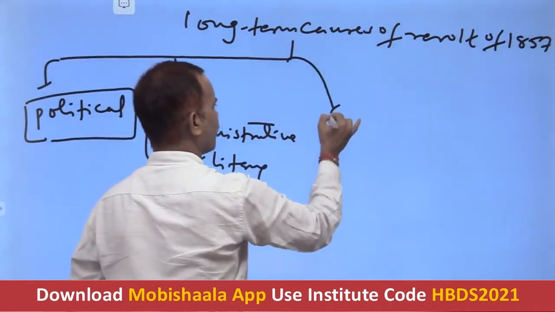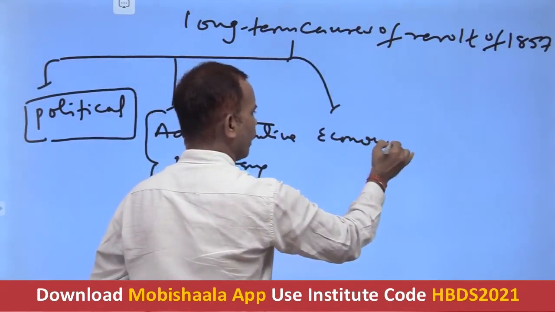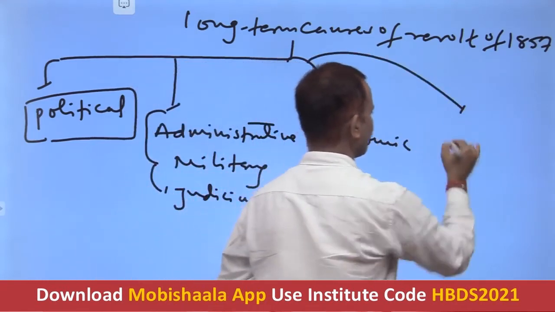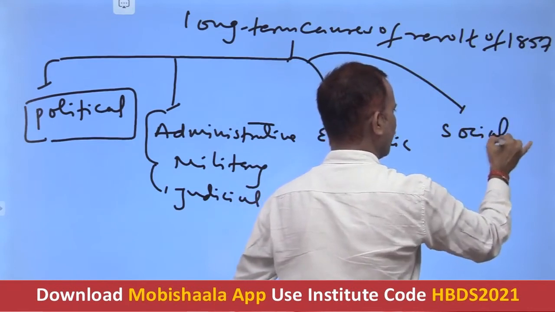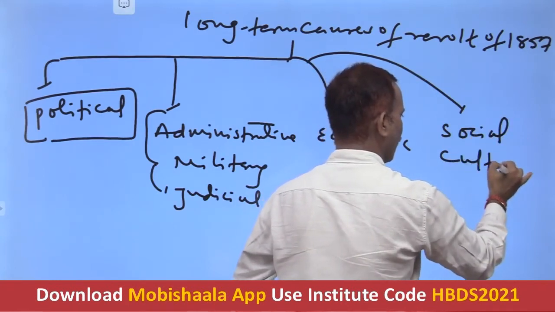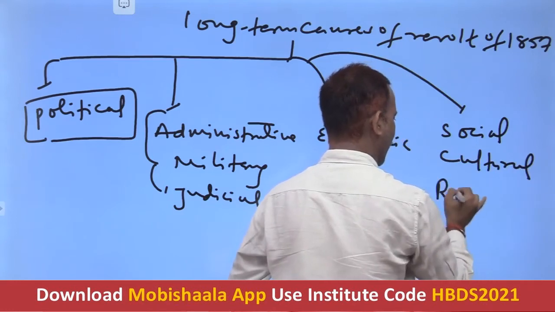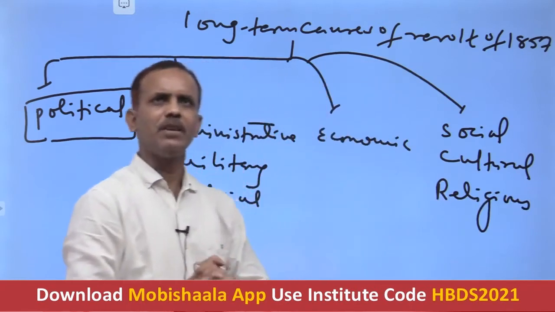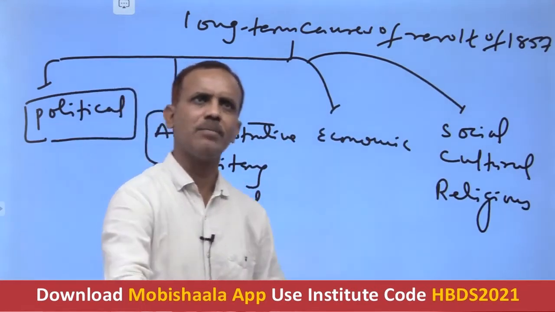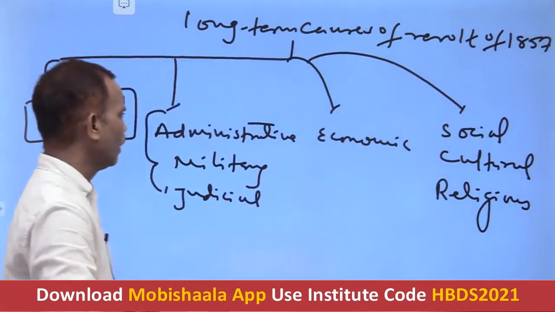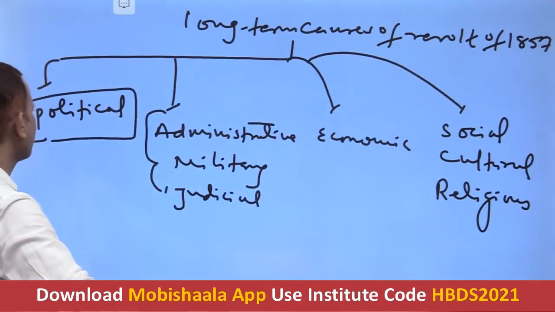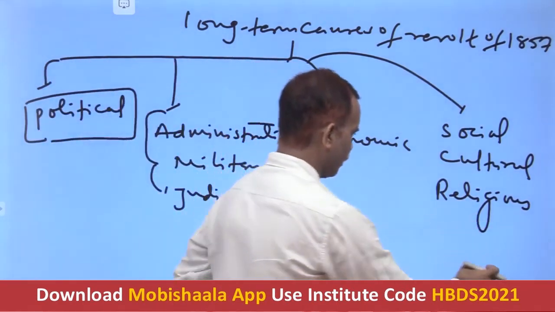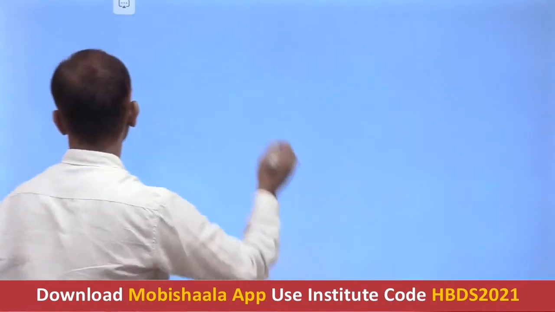Number three, economic. Number four, social, cultural, and religious. These are the basic reasons behind the occurrence of this revolt. So let us highlight one by one. First, political. Political causes.